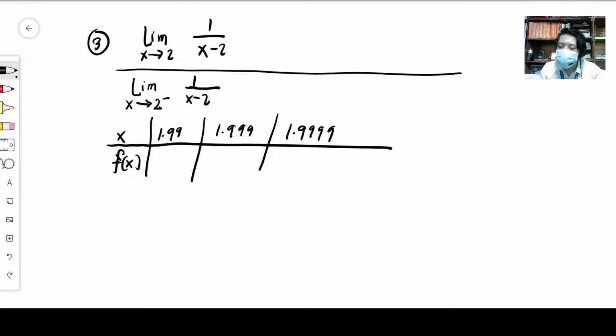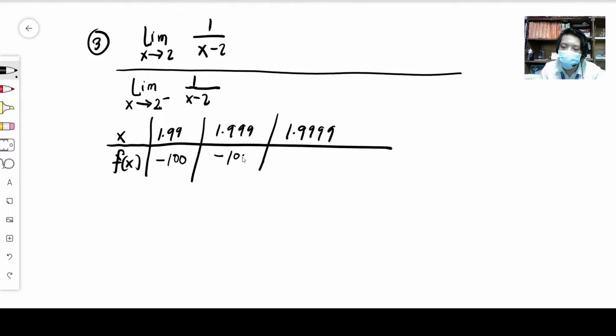When x is equal to 1.99, the value is negative 100. That is big. When x is equal to 1.999, the value is negative 1,000.